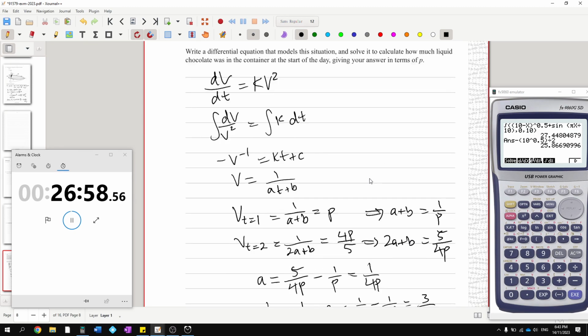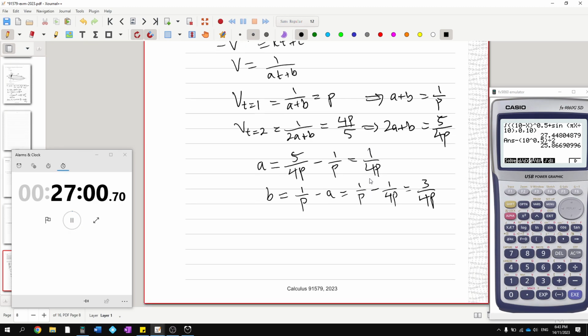Okay. So V is 1 over (1 over 4p times t plus 3 over 4p). Okay, that's ugly. Let's change that. Let's put the 4p up the top: V equals 4p over t plus 3.